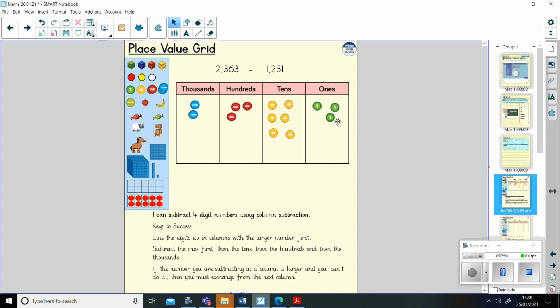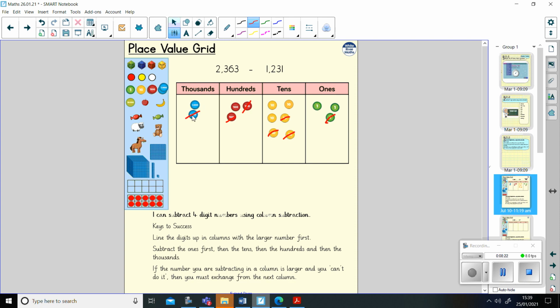And now I'm going to take 1,231 away from that number. So I'm going to take, first of all, I'm going to take a 1. I'm going to take 3 tens. Then I'm going to my hundreds column, and I'm going to take 2 of my hundreds away, and then 1,000.